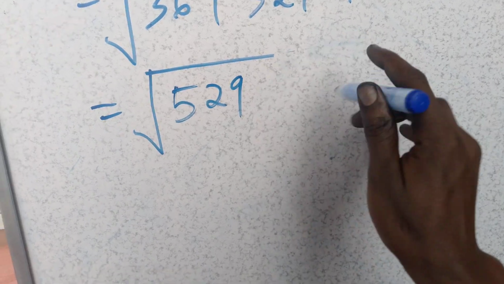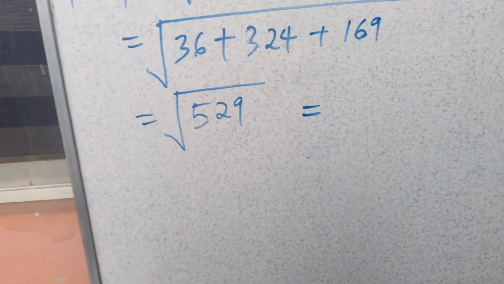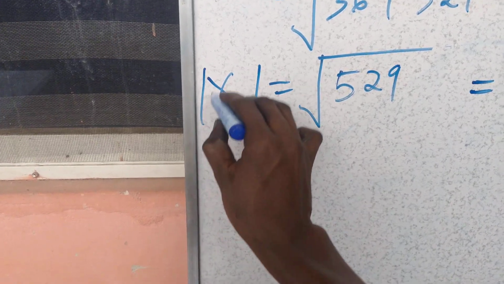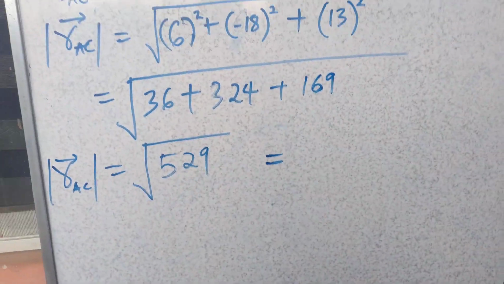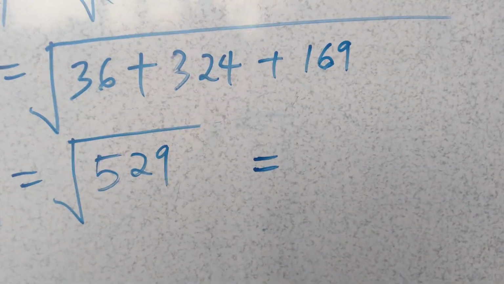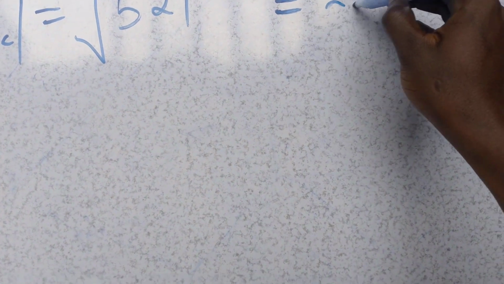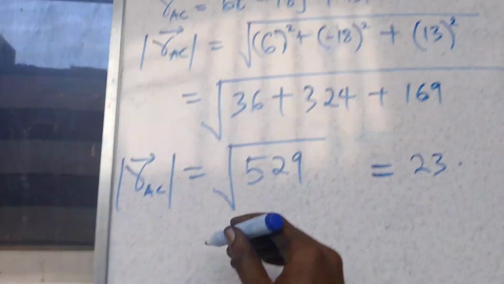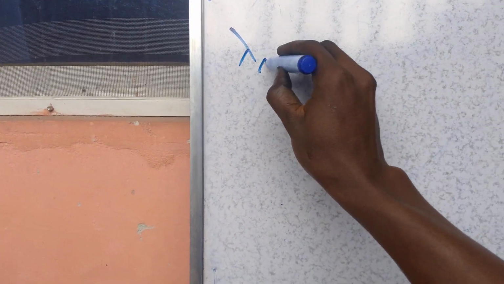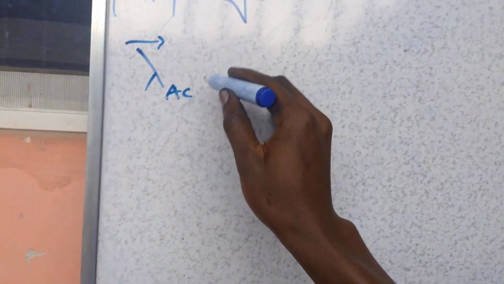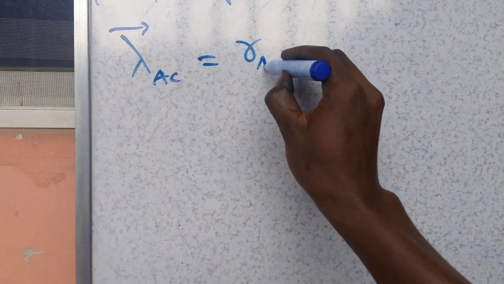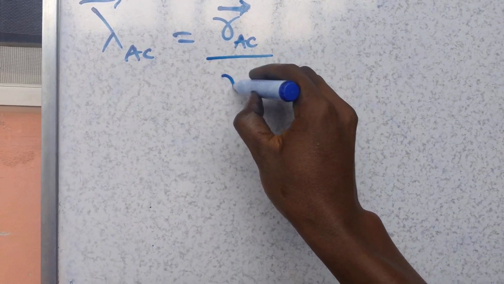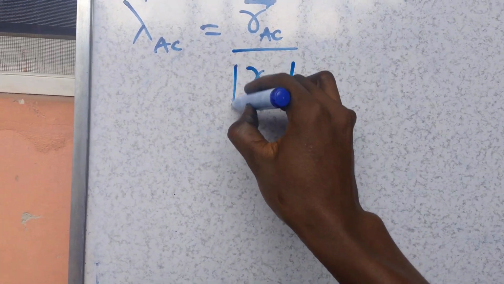Finding the square root of the answer, I'll have the modulus vector. The square root of that will give me 23. Now I've gotten that, my modulus vector is 23. Now I'll say the unit vector lambda AC is equal to the position vector RAC divided by the modulus RAC.